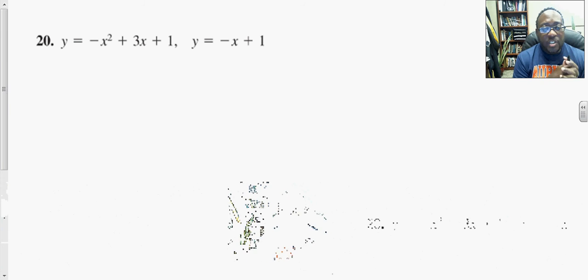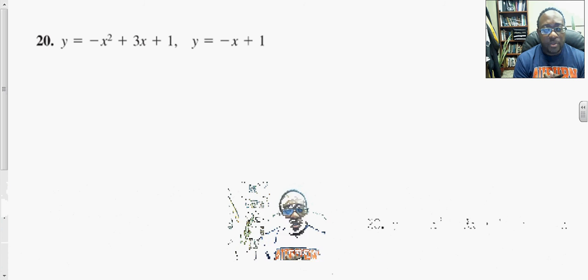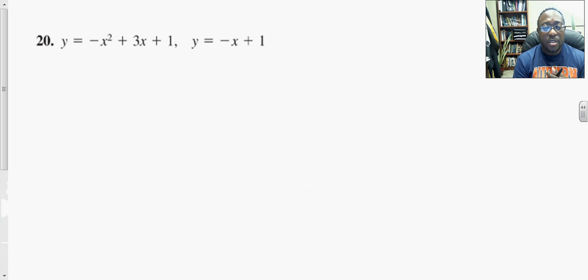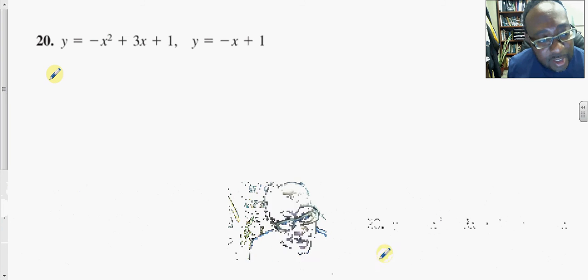Two functions given again. We want to be able to find the area between the two curves, however they're situated on the graph. So we need to find for this first function its intercepts to be able to see where it actually crosses the x-axis.